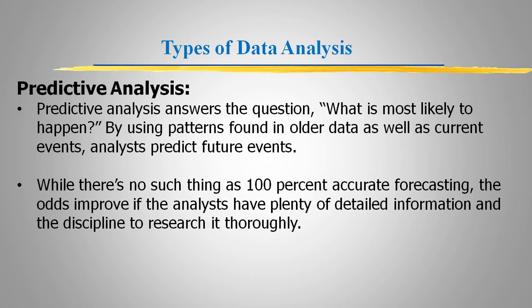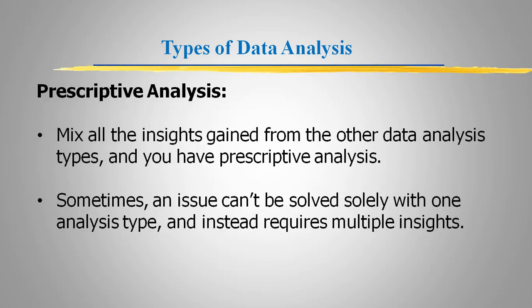While there is no such thing as 100% accuracy in forecasting, the odds improve if the analysts have plenty of detailed information and the research is thoroughly done. So we cannot say that 100% accuracy is achieved in forecasting. If we say it is going to rain in the next 2 hours and it doesn't rain, it is just a prediction, which is what we do for weather forecasting.